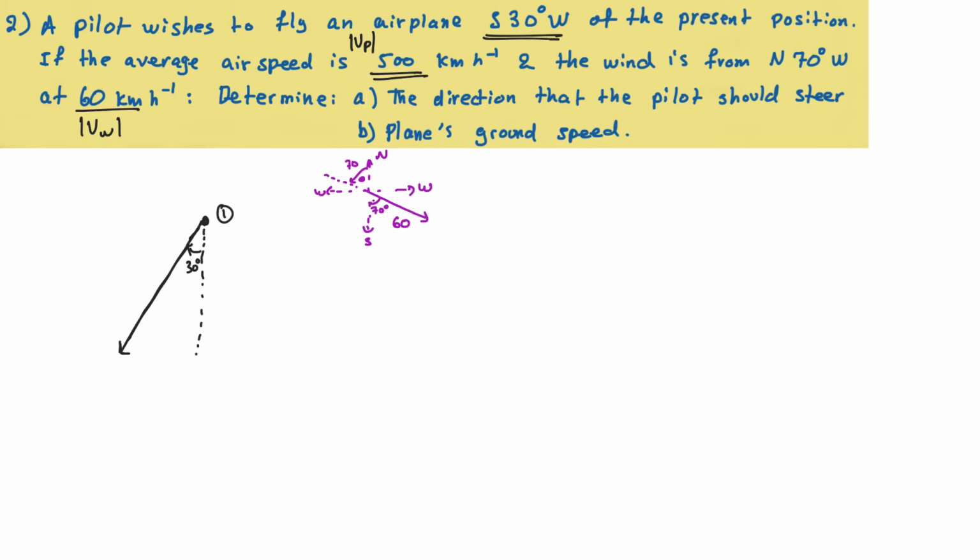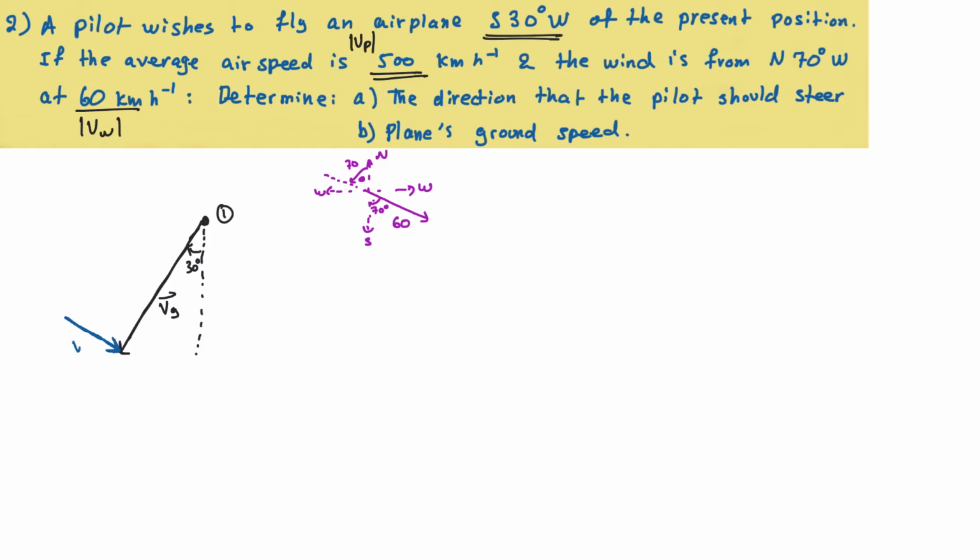So I am going to label this one as VG. And we know that VG is the addition of the two vectors, VP and V wind. So V wind is going to be going in this direction.